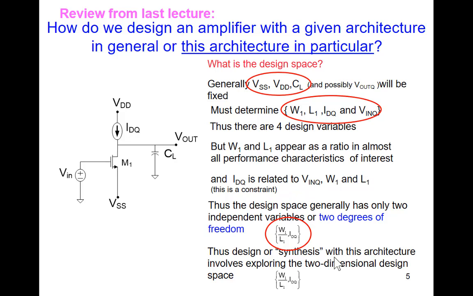However, we knew that there was a relationship between the drain current, the quiescent input, and the W and L. So that means that there were really only three design variables left, but W and L always appear as a ratio. So that means there's really only two design variables left. And if we have constraints for a gain bandwidth product and a gain, we've got a completely constrained system.